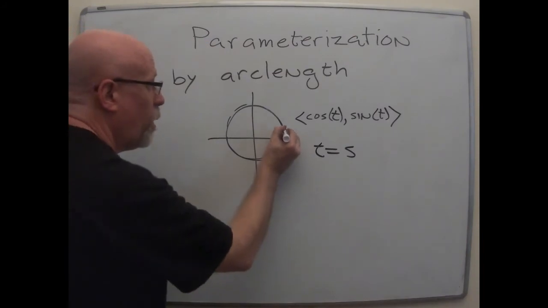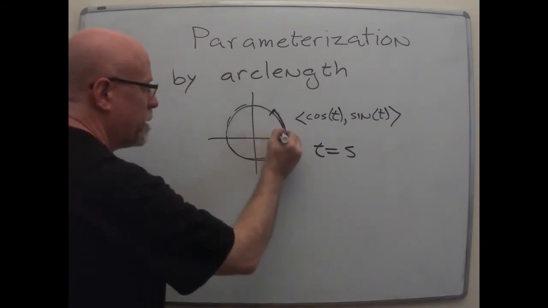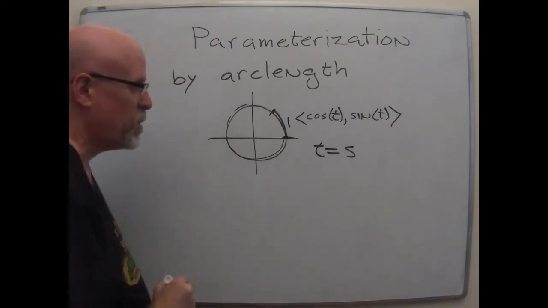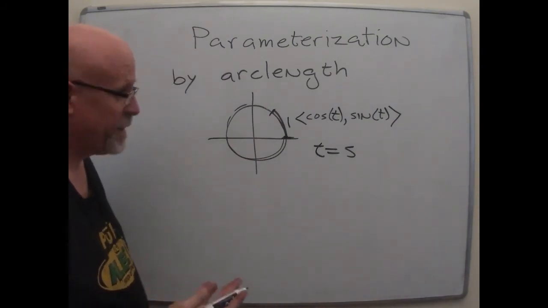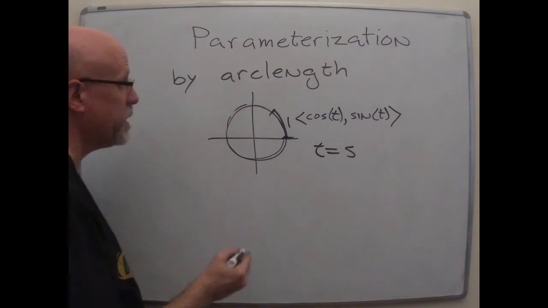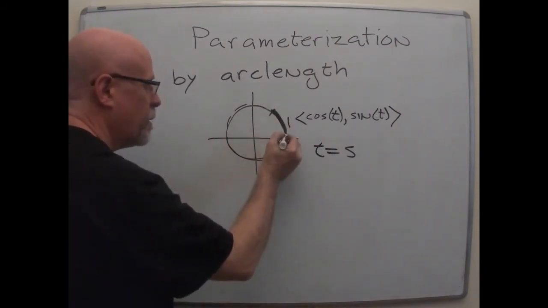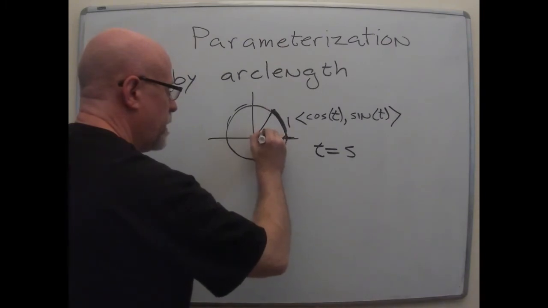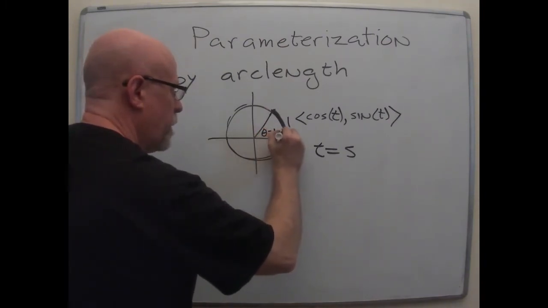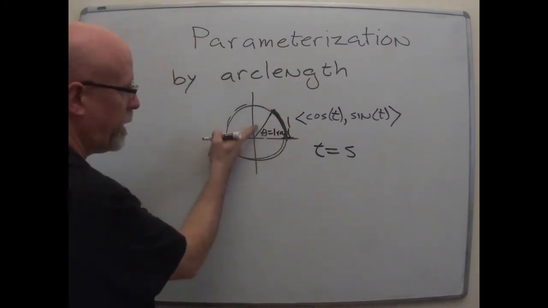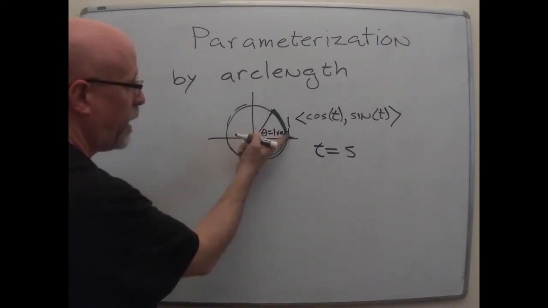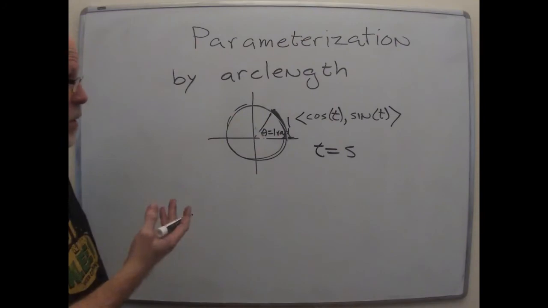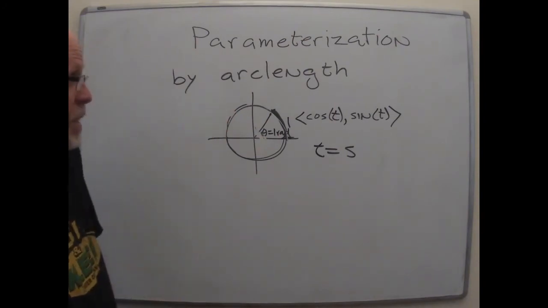If you've gone 1 unit of distance, how far around that circle have you traveled? This is the definition of what a radian is. As we travel 1 unit of arc length around the circle, that's theta equals 1 radian. Whether you think of it happening in there, or as arc length out there, that's just your attitude to it. The point is, that t is the same thing as arc length.